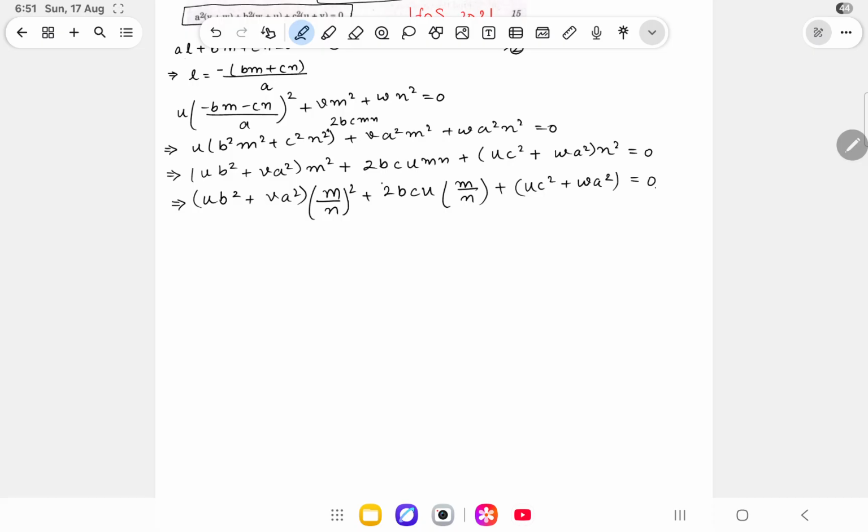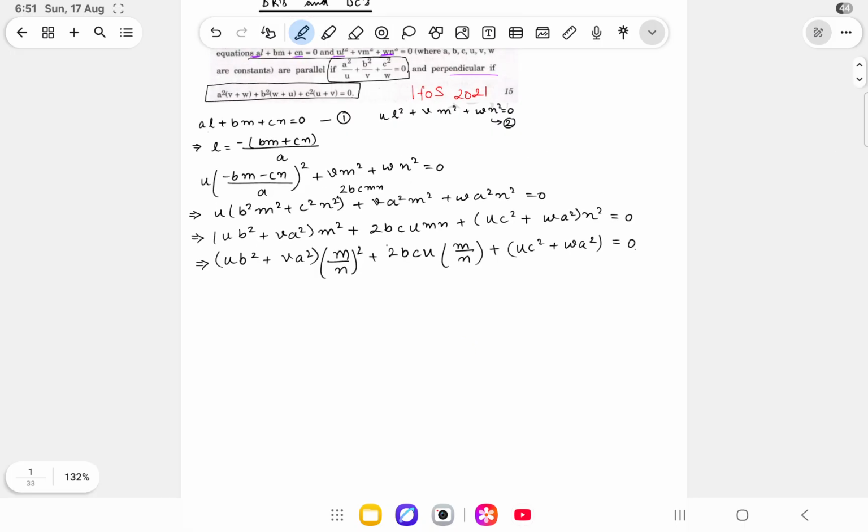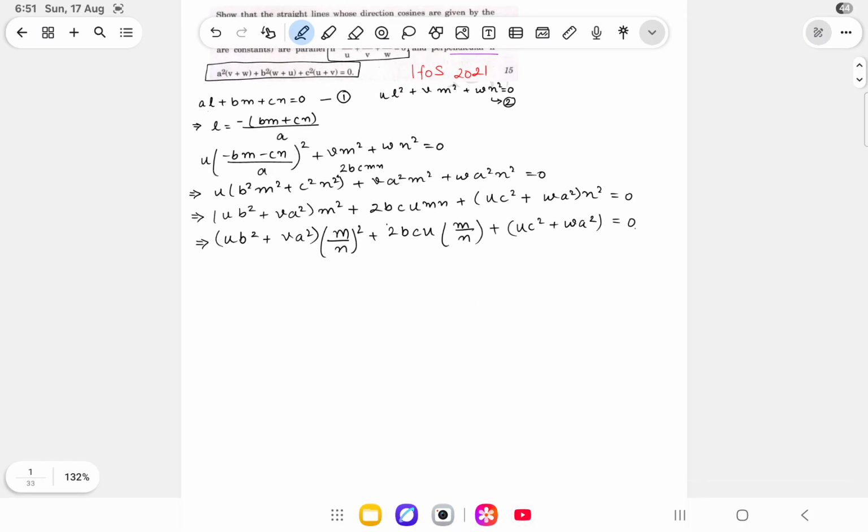So this is a quadratic equation in M by N, and using this I can find the value of the discriminant. I can equate the discriminant to 0, because only if the discriminant is 0 will these two lines be parallel, since only then the direction ratios of these lines will be equal.